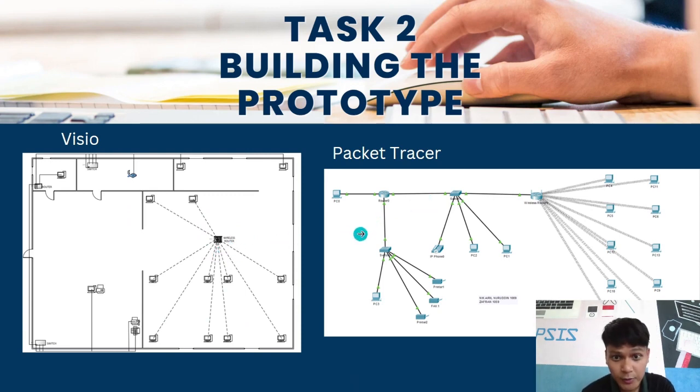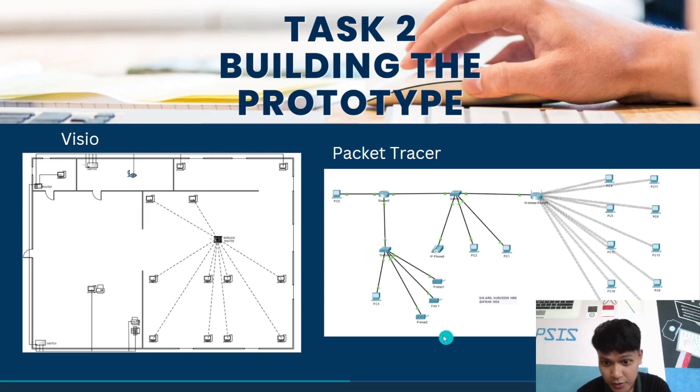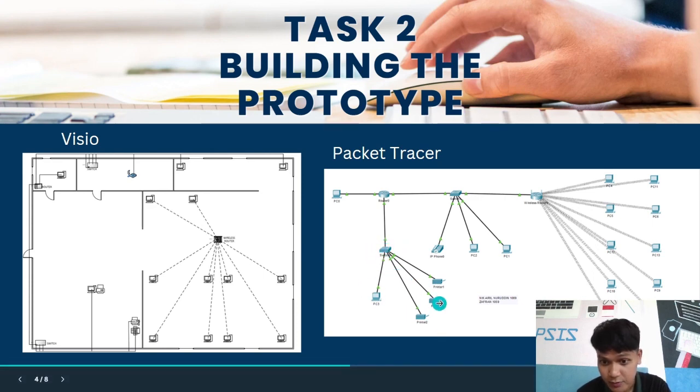Moving on, we will go to our topology in Packet Tracer. This is our wiring. We will show you how it is connected. In this one, PC0 will be connected to the router. The router will be connected to switch 0, and this switch 0 will be connected to PC3, printer 1, printer 2, and fax machine 1.